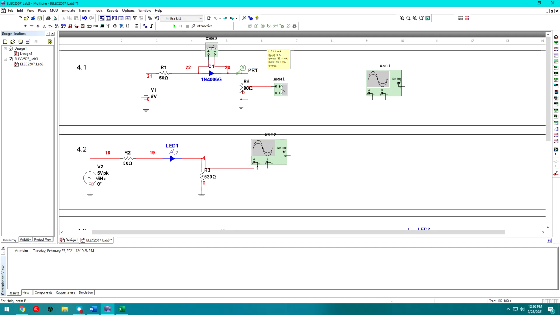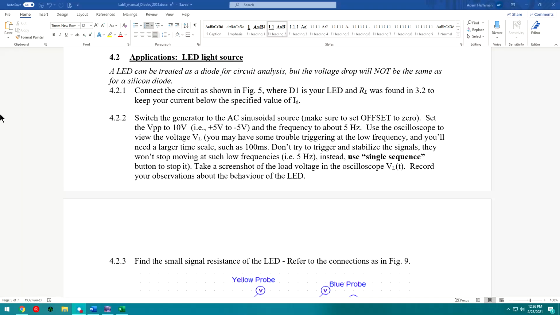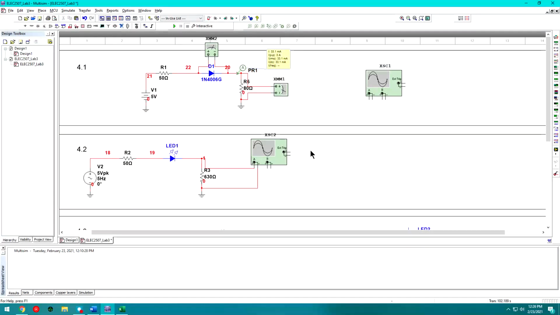It's asking us to look at the voltage across the load again. It's also asking us to change the time scale to 100 milliseconds when we first get in there, and maybe use the single sequence instead of a normal run. So let's go ahead and run this simulation once more.